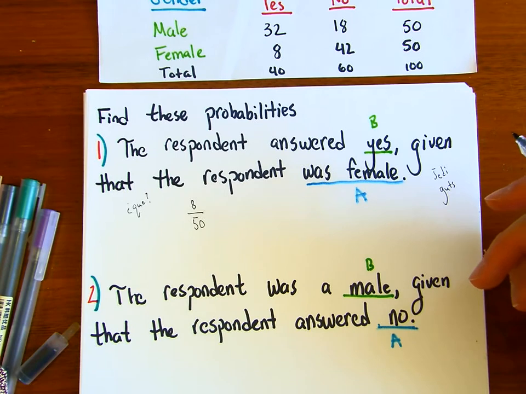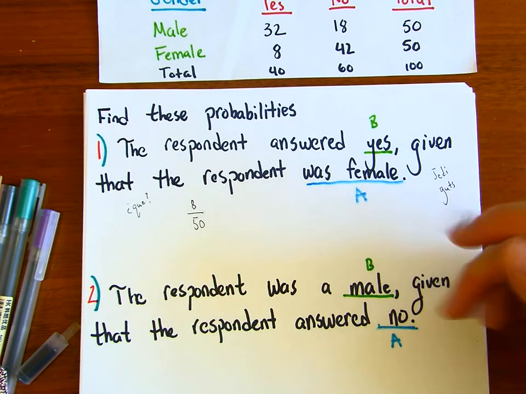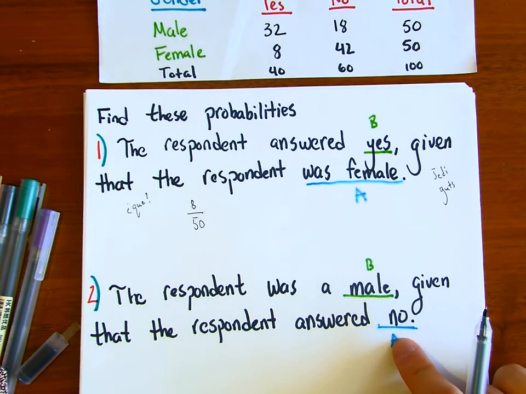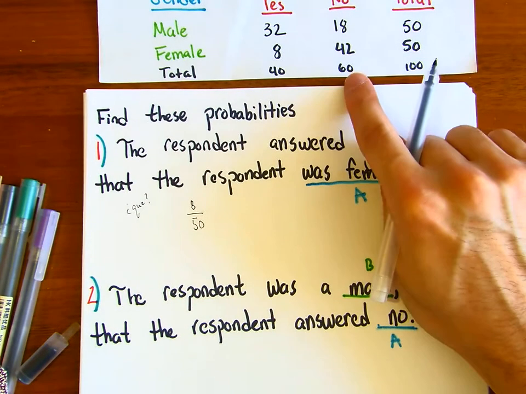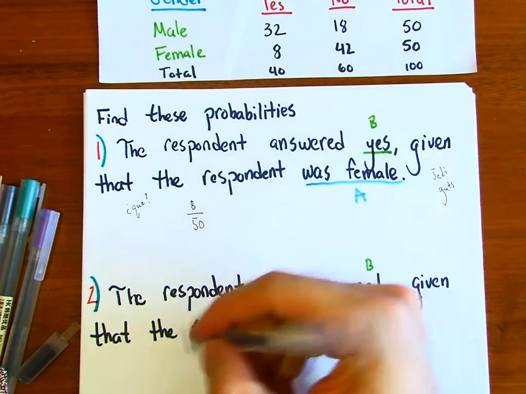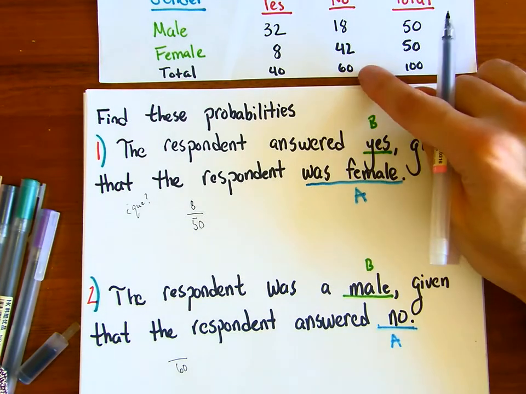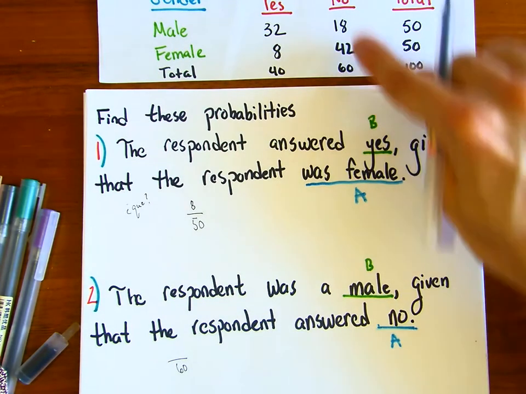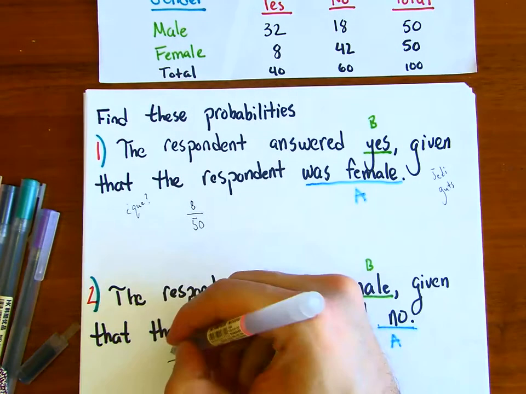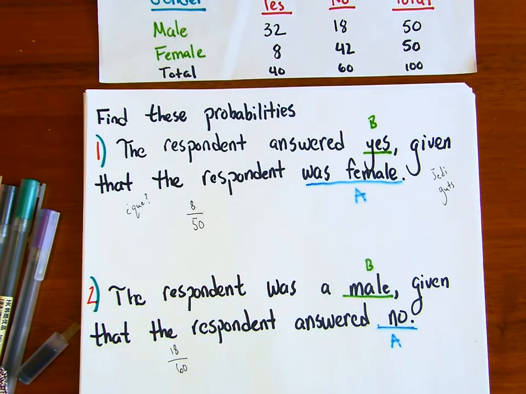Let's look at how many people actually said no. 60 people said no, so here we're going to have 60. And how many of the people who said no were male? It was 18. So we have 18 over 60. Okay, and that's it.